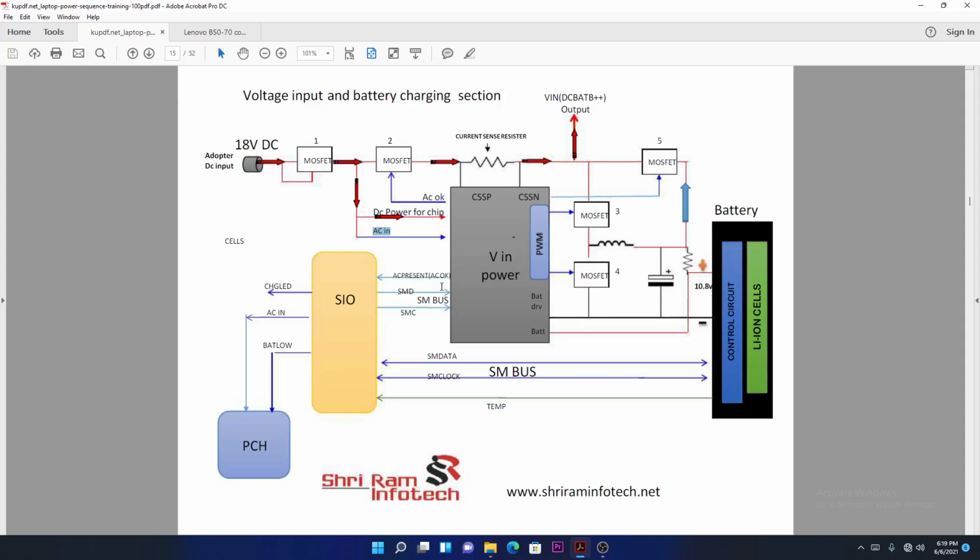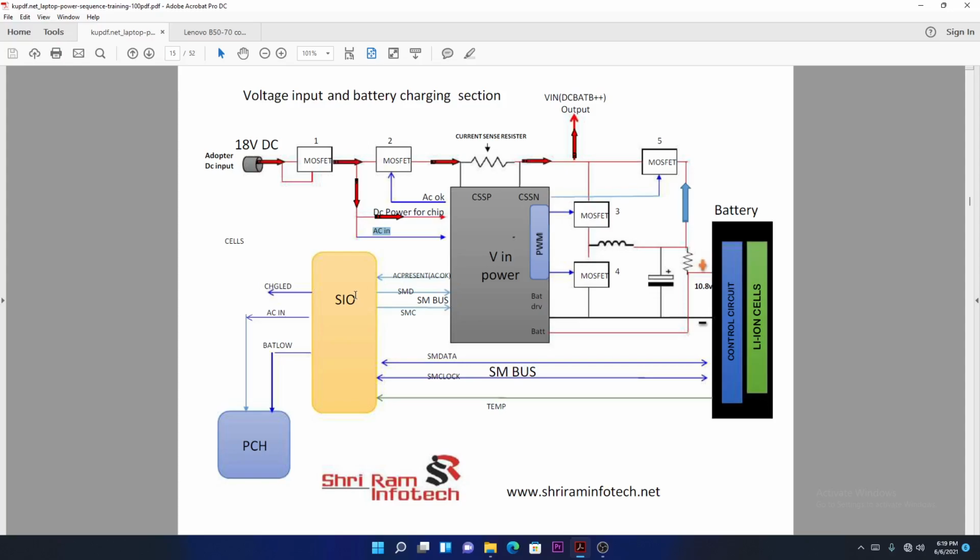The communication between the startup chip and the charging chip is called the SMC bus or SMC data. The charging LED is coming out of the startup chip.